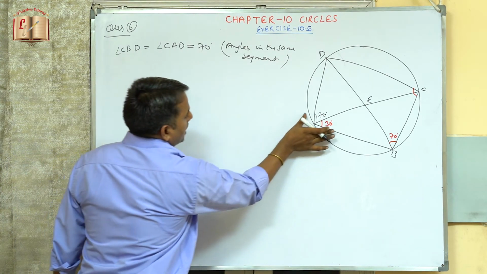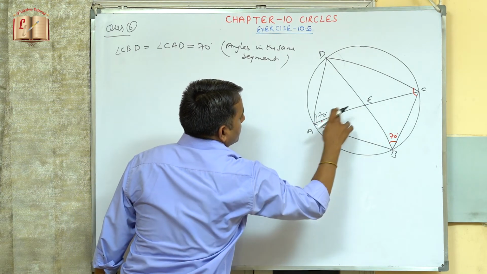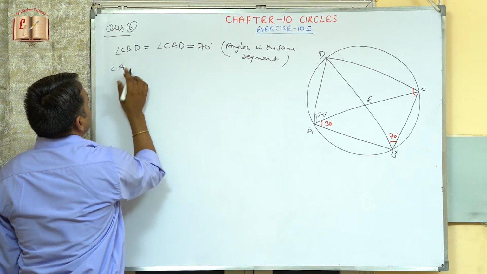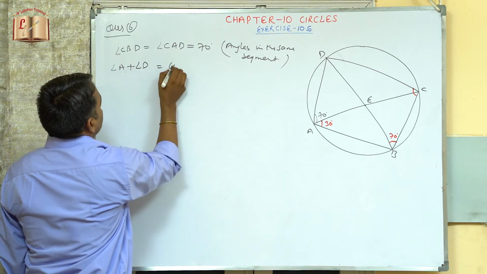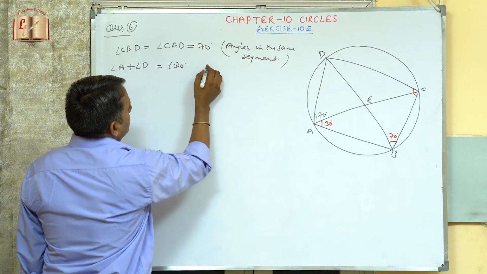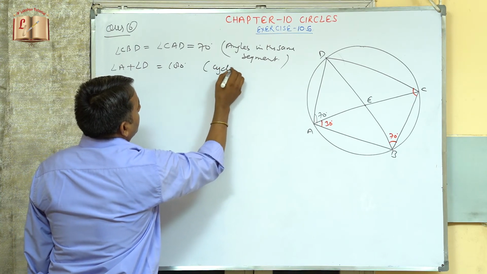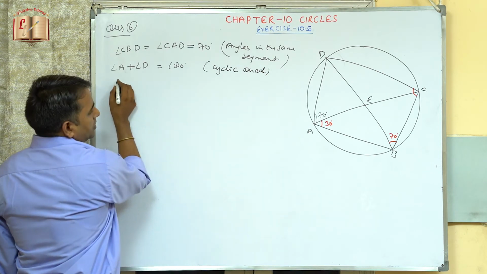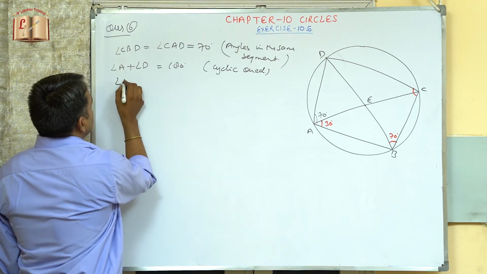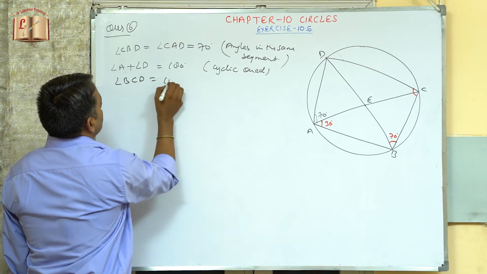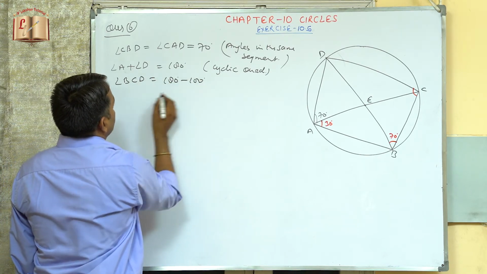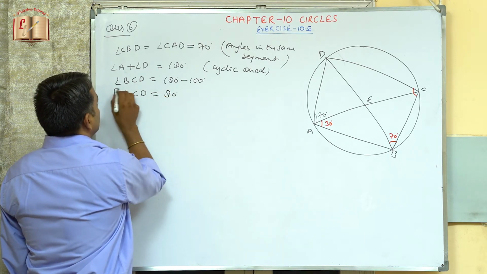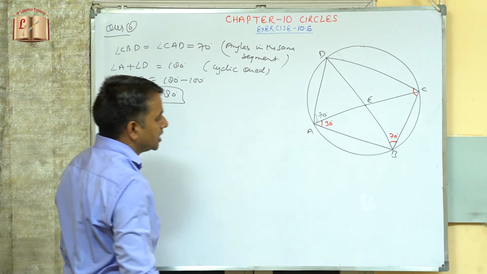Now the sum of these two angles, angle A plus angle C will be equal to 180 degree, because this is a cyclic quadrilateral given to us. So therefore angle BCD will be equal to 180 minus 100. So angle BCD is equal to 80 degree. We got BCD as 80 degree.